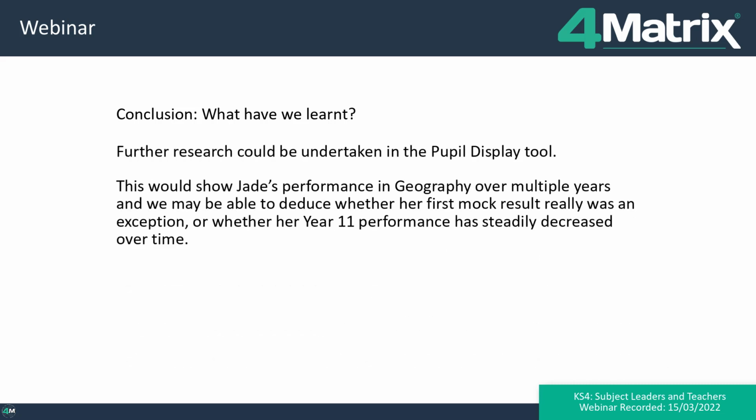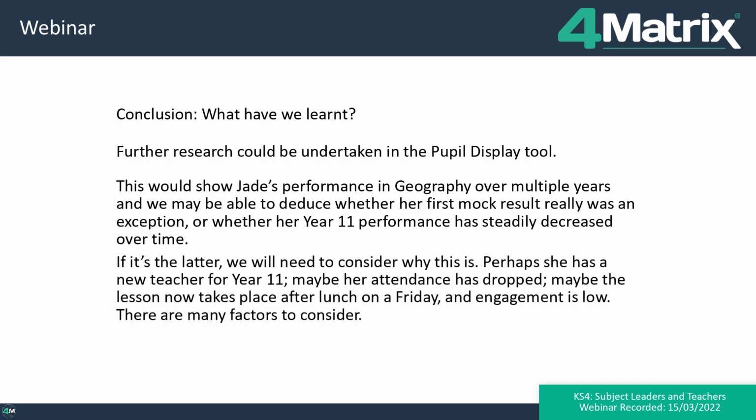Further research could be undertaken in the pupil display tool. This would show Jade's performance in geography over multiple years, and we may be able to deduce whether her first mock result really was an exception, or whether her Year 11 performance has steadily decreased over time. If it's the latter, we will need to consider why this is.